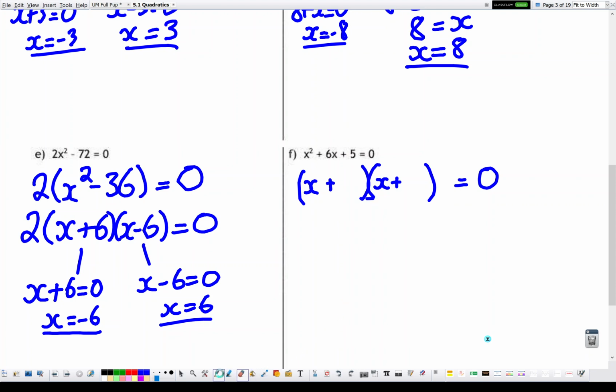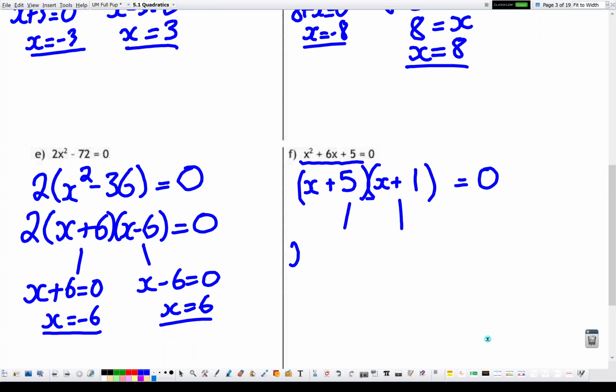Two numbers that multiply to give 5 and add to give 6 are 5 and 1. So it's x plus 5, x plus 1. If you did the whole AC method, you should still get the same answer. But when it's all positive, to save time, for those feeling happy with factorising, I would recommend you just do it in your head like that.